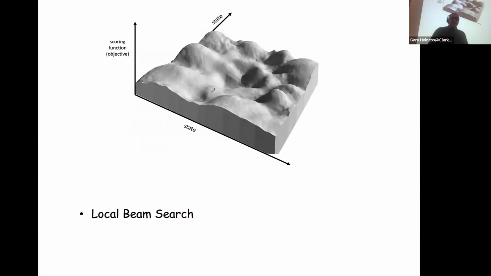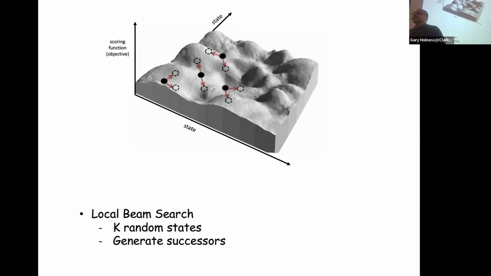So another variation is what's called local beam search, and I have some visualizations for you. We have our state space along the XY plane, and then we have our landscape here, whose value is measured along the Z-axis. And so with beam search, you start with some number K randomly selected states. And from these randomly selected states, so it's almost like you're probing, you're going to generate their successors.